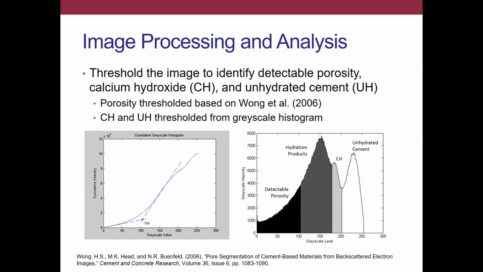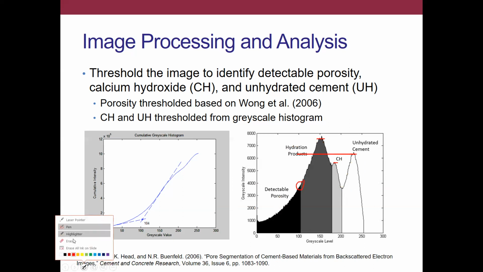And again, there are other methods to do this. When we look at the grayscale histogram, we do see specific segments. We tend to see a peak here for unhydrated cement, a peak for calcium hydroxide, and a peak for our hydration products. It's the one that's difficult to determine is this transition from porosity.